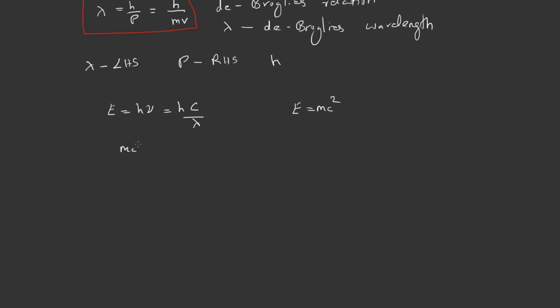Therefore, we can write mc square is equal to h nu is equal to hc by lambda. This can be rewritten as lambda is equal to hc by mc square, that is equal to h by mc. That can be written as h by p, where p is mass into velocity. This in analogy gives de Broglie's relation for matter waves.